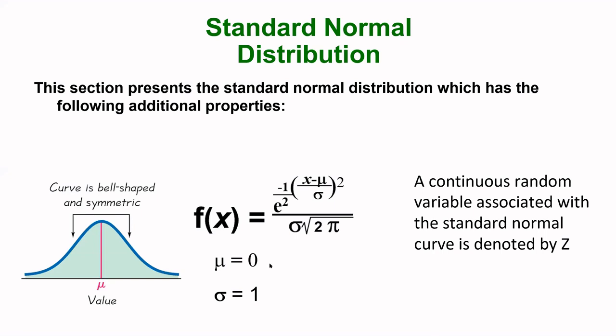Now, all other normal distributions are going to be basically compared to this standard normal distribution. The standard normal distribution is denoted by Z. Here's the notation that we're going to be using, X tilde Z, and it's a normal distribution with mean equals 0 and standard deviation equals 1. And a question to you: how many real-life data sets will have a mean of 0 and standard deviation of 1?